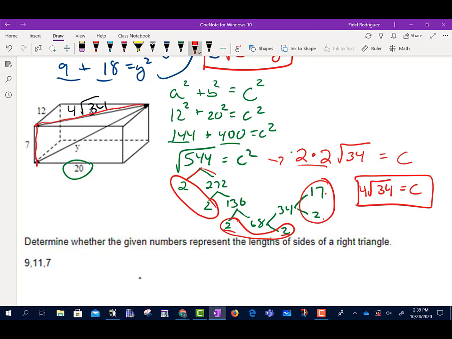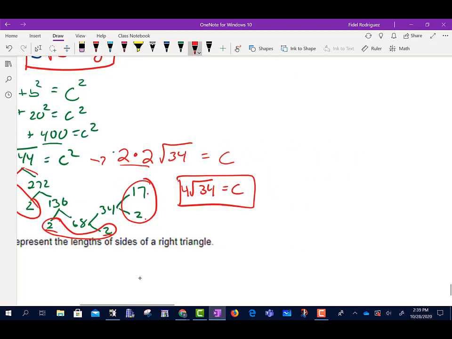We know this distance, it's 7. We're trying to find that value of y. Here's my 90-degree angle. This is going to be my C. We'll call this one our A, and we'll call this one our B. And I'm going to do this over here on the side. So the first thing I'm going to do is write down A squared plus B squared equals C squared. You got it.